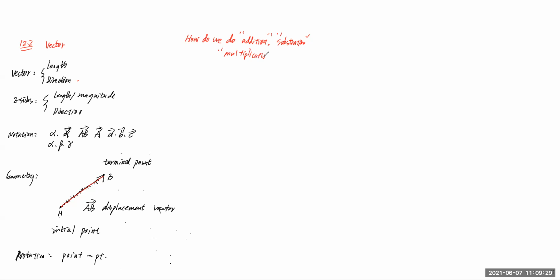The problem is, in mathematics, we just do operations, right? For everything we do operations: how to add, how to minus. For vectors, how do we do it?